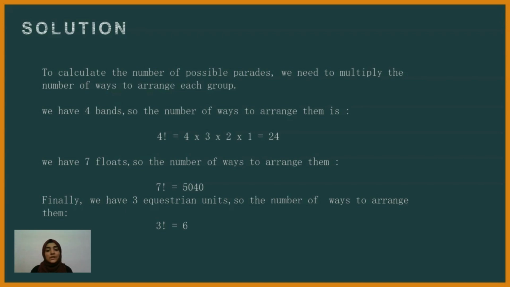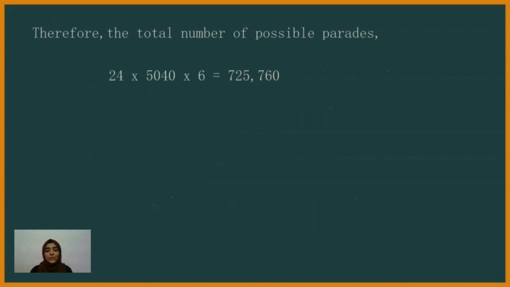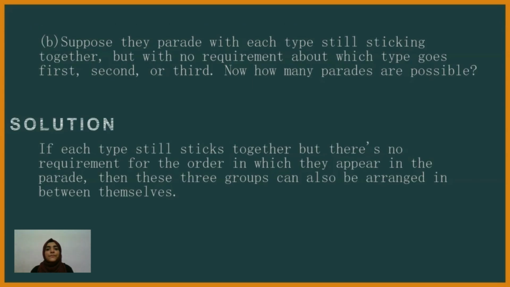Finally, we have three equestrian units, so the number of ways to arrange them is 3 factorial, which is equal to 6. Therefore, the total number of possible parades, just multiply those three numbers, 24 into 5040 into 6, which is equal to 7,25,760. Okay, that question is over.